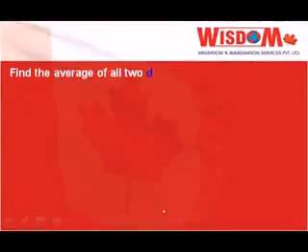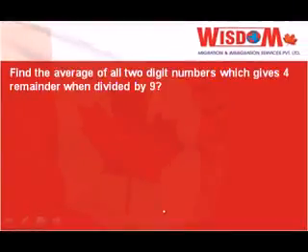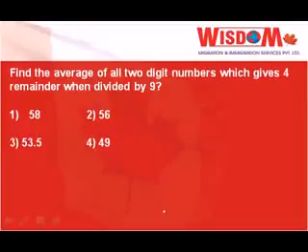Now we'll get a little bit more complex question. We have to find the average of all 2-digit numbers which give remainder 4 when divided by 9. So in this question, once again, there are some clues here. First of all, we need 2-digit numbers which when divided by 9 give a remainder of 4.